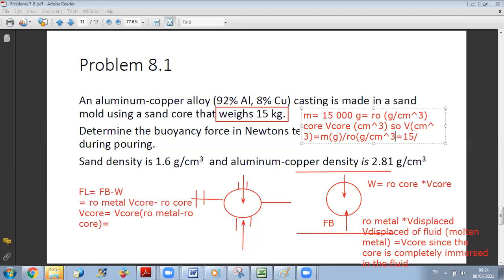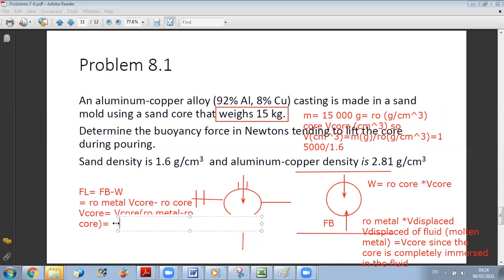So I will get 15,000 over the density of the core. Since the core is made of sand, I should divide by 1.6. Then I can get the value of my volume in centimeter cube. And once I find V, all I have to do is replace into the formula.